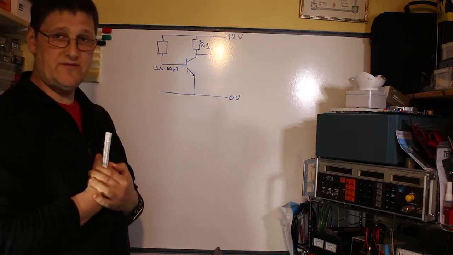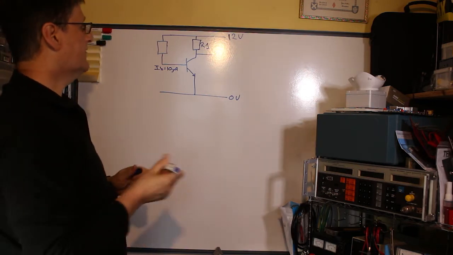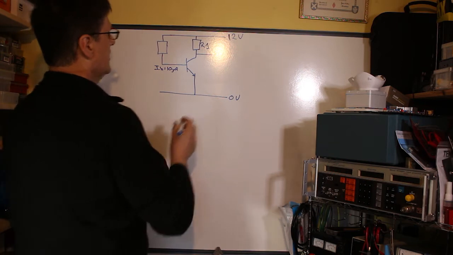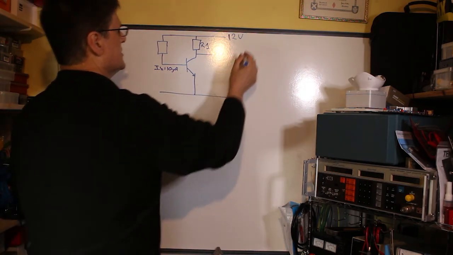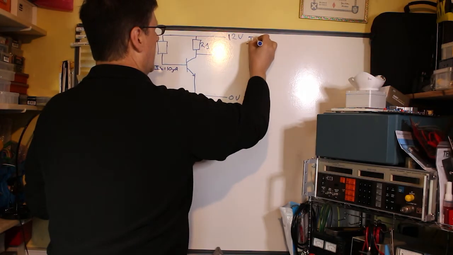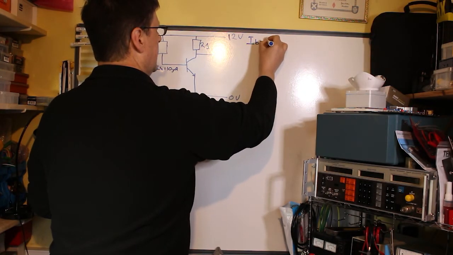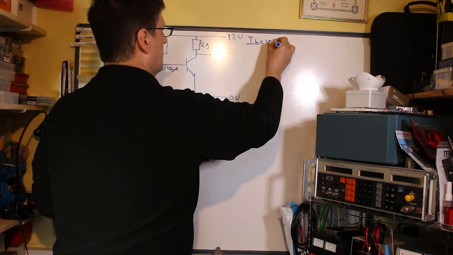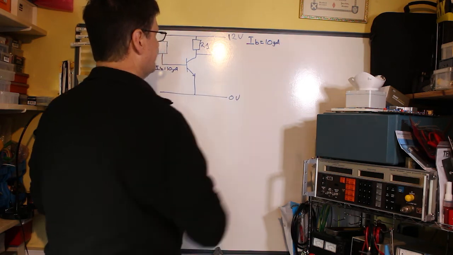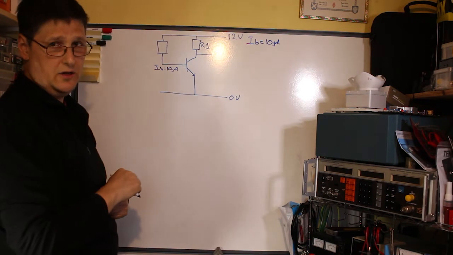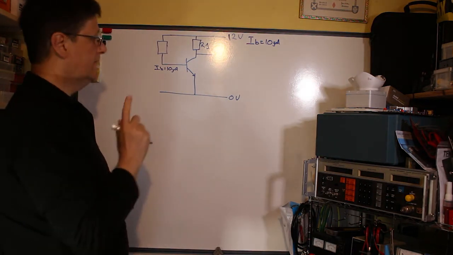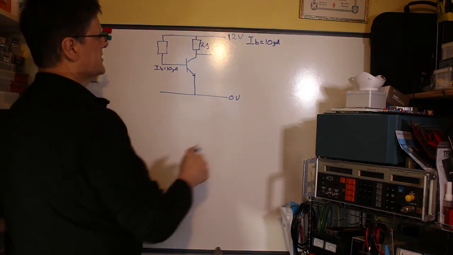They've given us all the information that we need. So what information have they given us? First of all, they've given us the base current into the transistor. So IB equals 10 microamps. They have told us the gain of the transistor, very important to know to be able to work this out.